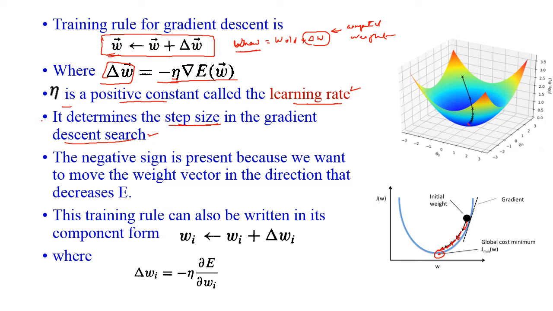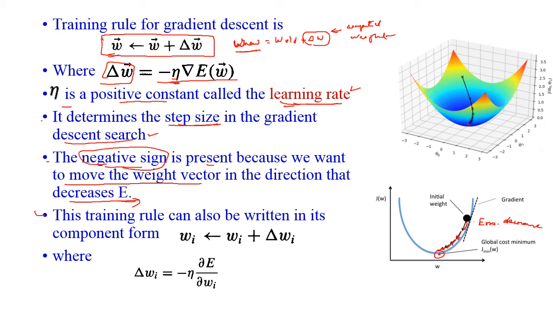So this is determined by the learning rate n. And the negative sign is there because we want to move the weight vector in the direction that decreases E. The error should be decreased, so we have to use the negative sign here.